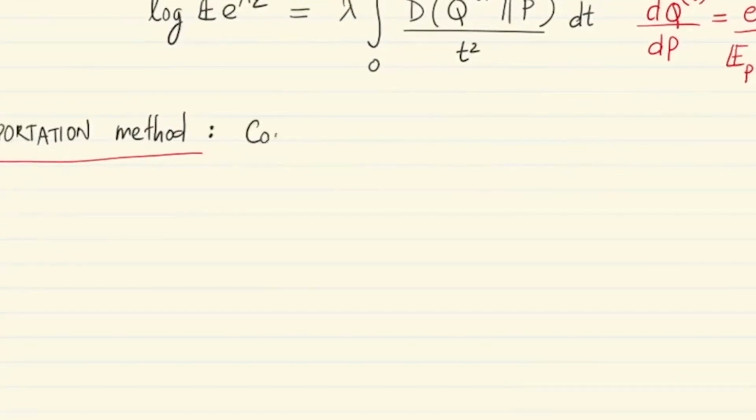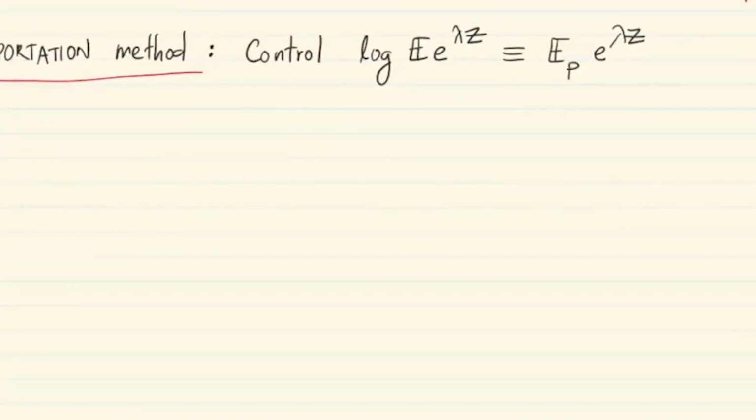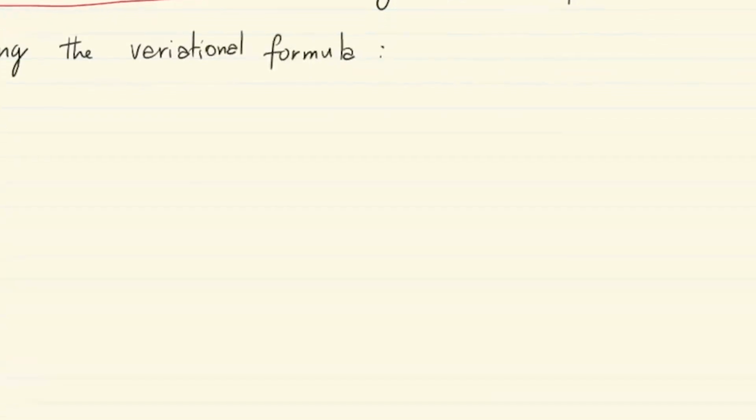It also seeks to control the log moment generating function, more precisely the expectation, with z distributed according to p, of e raised to lambda z, using the variational formula for the log moment generating function that we have seen earlier. It is of the following form.